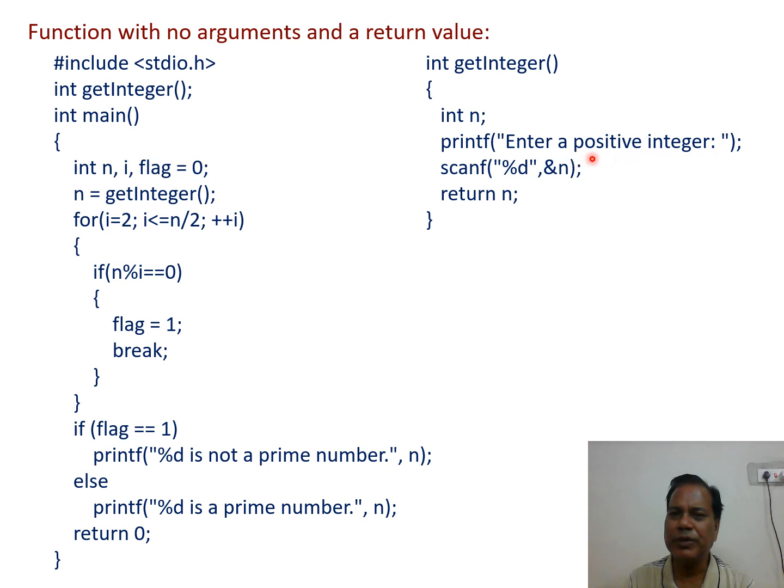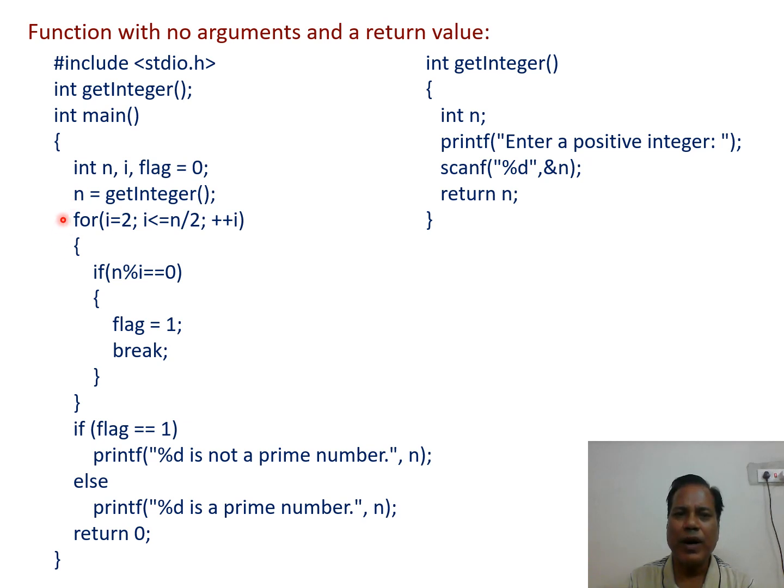This message is printed on the output screen, and with this message a user enters a positive number that is taken in and stored in the variable n by the scanf function. Then the last statement is return n. The value of n is returned to the calling function, and that value is assigned to variable n in main.